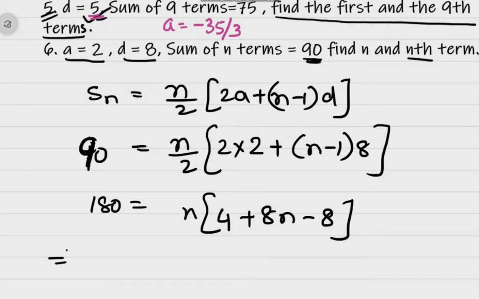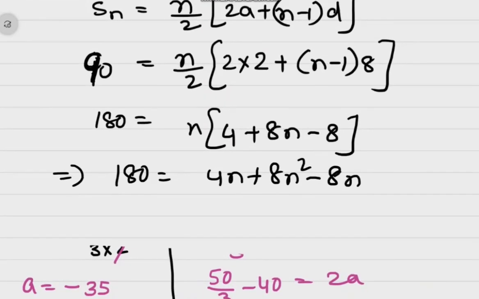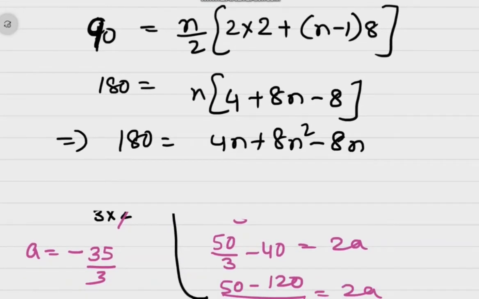Now see what you can do. 180 will be equal to, if you see, 4n plus 8n square minus 8n, isn't it? Now what can you do with this, let us see. Let me clear the board.